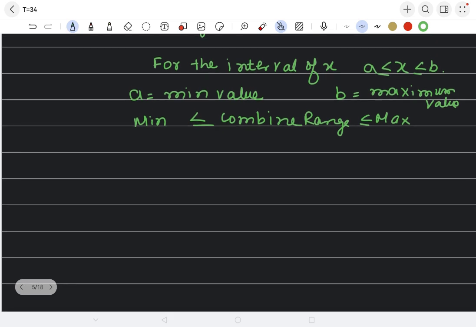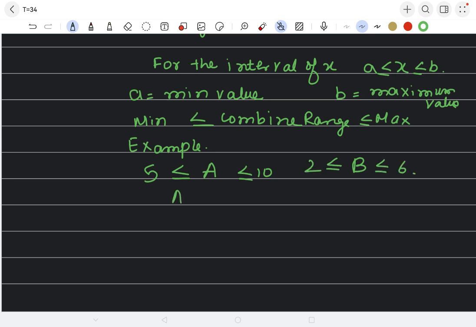Now, example. For example, if my A is between 5 and 10, and if my B is between 2 and 6. If we deal with A plus B, our maximum will be what? 10 plus 6, 16.